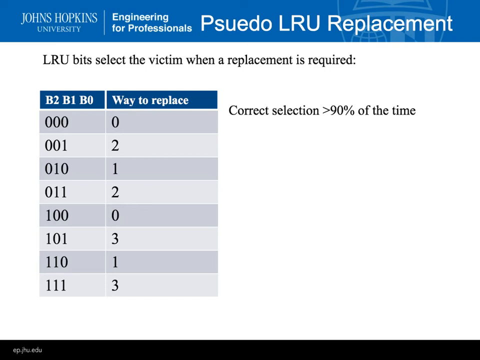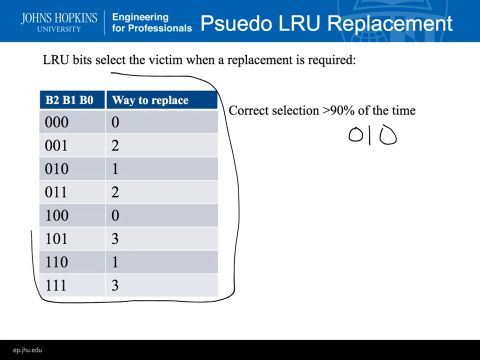Now if you get a miss and you want to know what to replace, you look at the value of those 3 bits and use this table to decide what should be replaced. If you remember, I did an access of everything but way 1, and this is what the resulting 3 bits were.